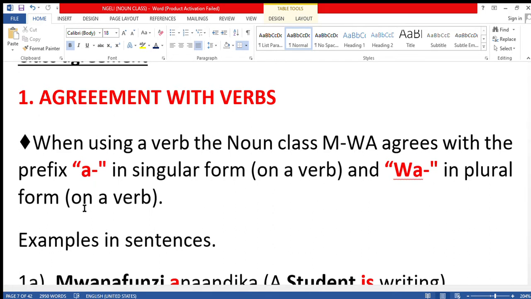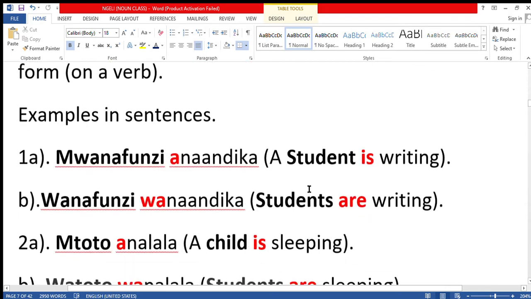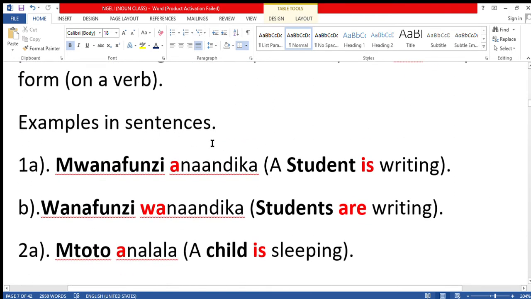When you're using a verb with the noun, and the verb is talking about a noun, the verb phrase will start with a in singular form and wa in plural form. It depends on the nature of the noun. If the noun is in singular form, the verb will start with a. If the noun is in plural form, the verb will start with wa. Sawa. So examples in sentences.